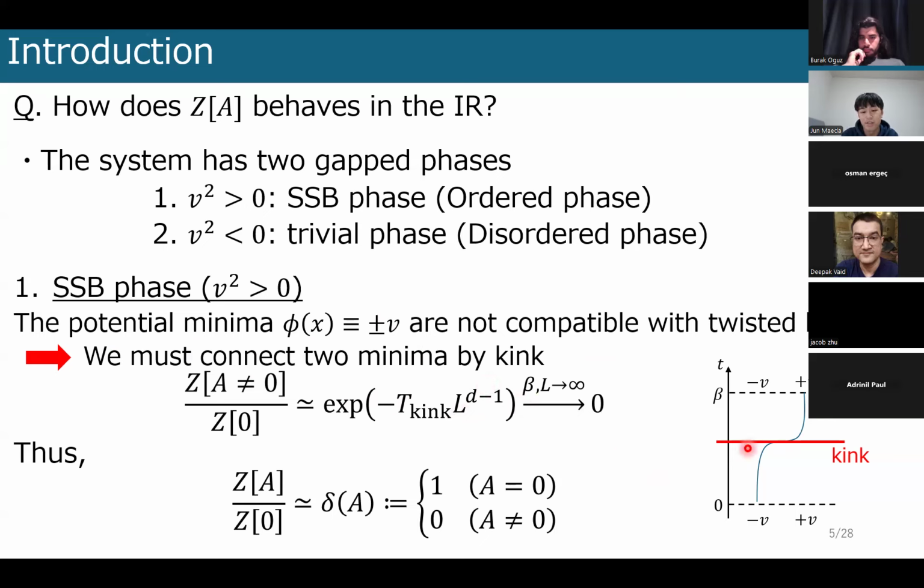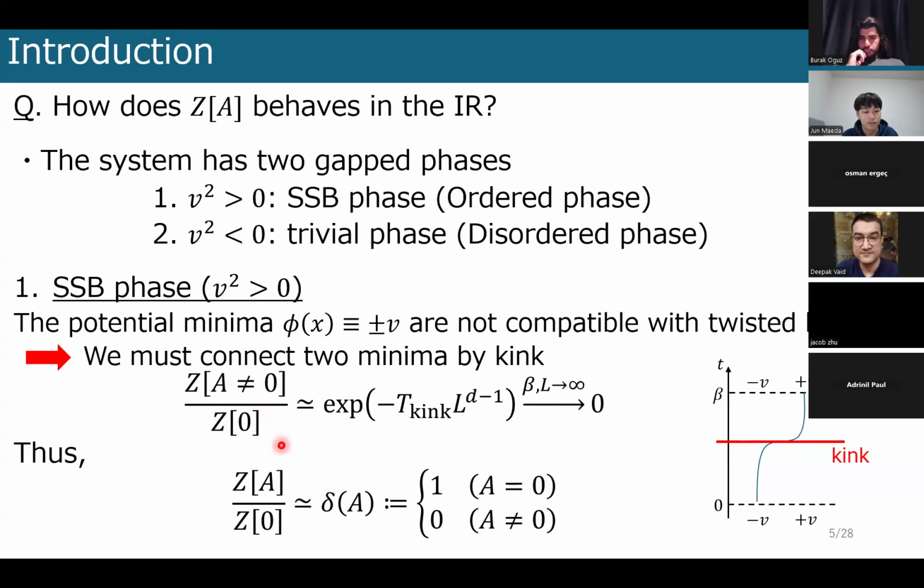The kink extends in the spatial direction, whose volume is L to the d minus 1, and the kink also has a tension. Therefore, the ratio of the twisted partition function shows exponential decay, because the twisted partition function is dominated by this kink contribution. Then we take the large volume limit and we get the vanishing behavior of the twisted partition function.